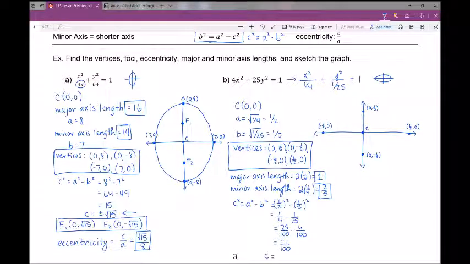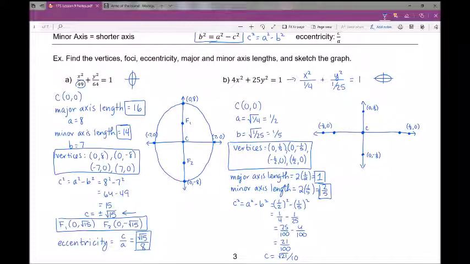And so we get that C is the square root of 21 over 10. Okay, so our focus points then are going to be somewhere in between 1/2 and -1/2, and you can get a decimal approximation to get a better sketch.